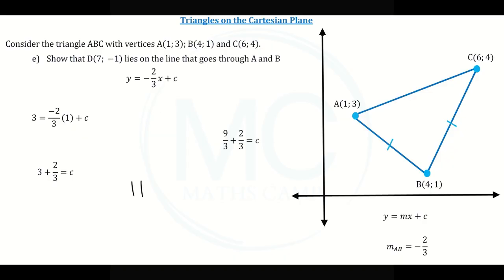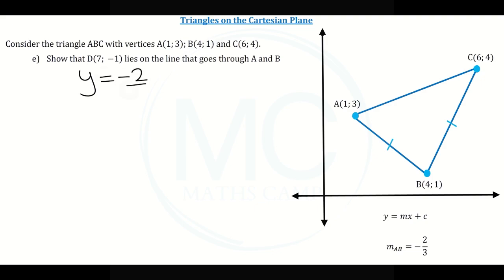So we get 11 over 3, which is equal to c. If c is 11 over 3, then we can write this equation as y is equal to negative 2 over 3 x plus c, which we now know is 11 over 3.